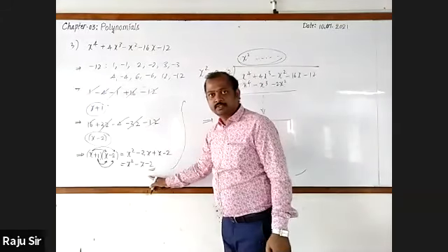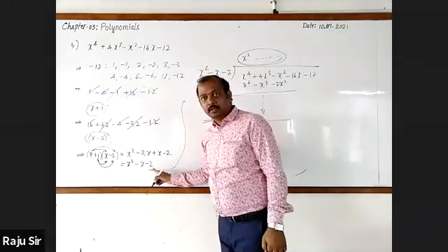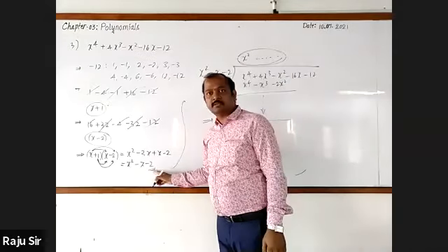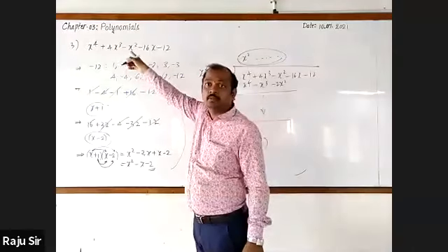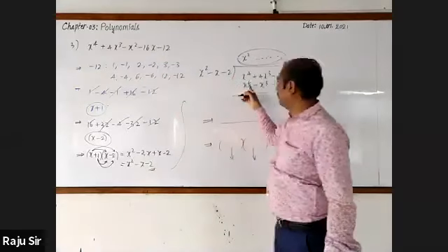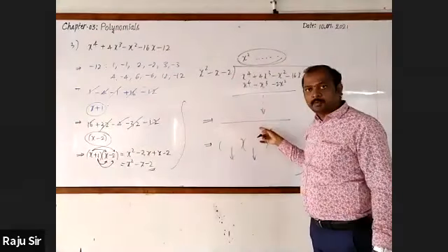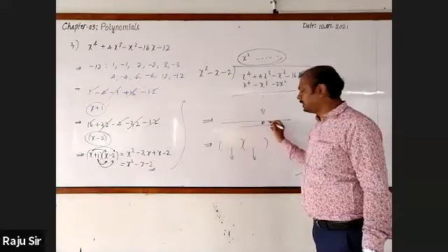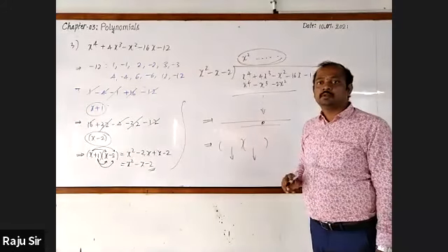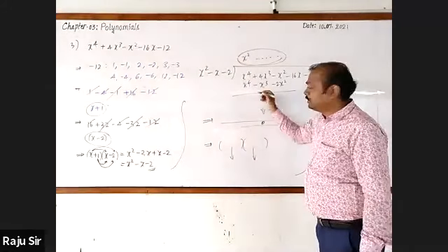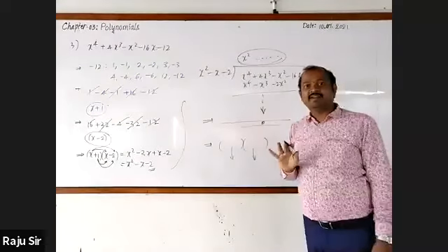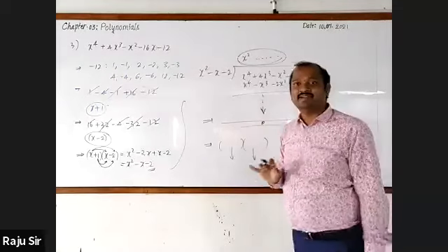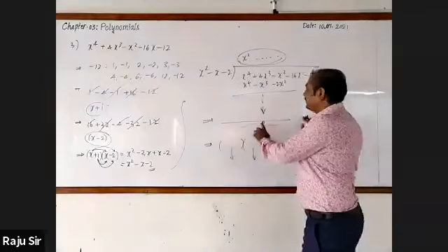After finding this, from this polynomial, x square minus x minus 2, you should divide by the quadratic. When you divide by the quadratic, the remainder will be 0.